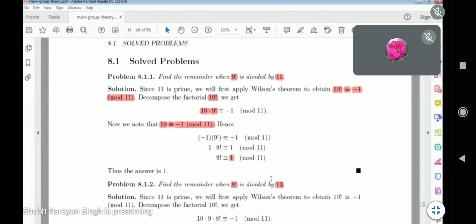It is not possible to do a big calculation.